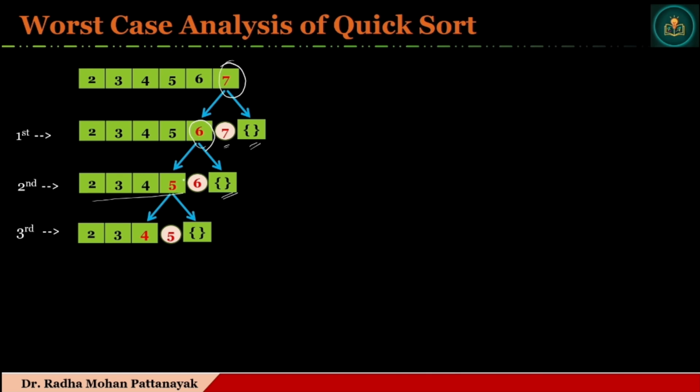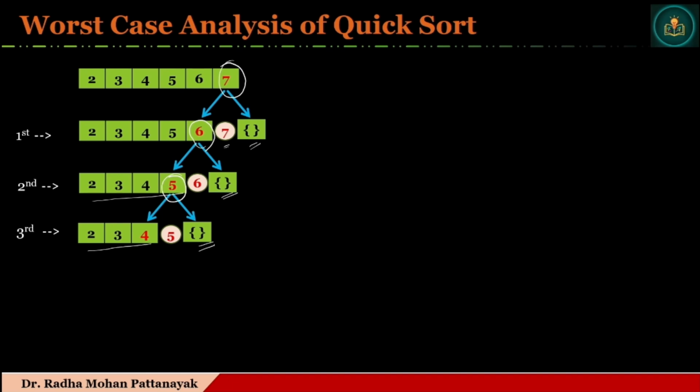Similarly, in the second stage, you will consider 6 as pivot, and it will divide the array into two parts, where the left array will contain 2, 3, 4, 5, and the right array will not contain any element. Similarly, in the next level, if you consider 5 as a pivot, it will divide the array into two sub-arrays. The left sub-array will contain 2, 3, 4, and the right sub-array will not contain any element.